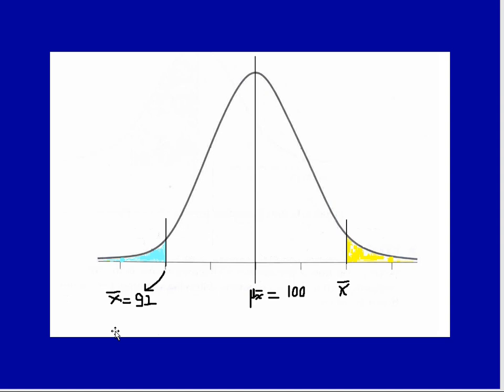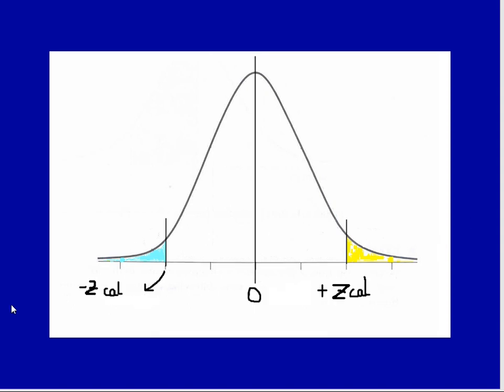If you remember, as extreme as means you go to 92 and you go away from the mean. So you need the blue tail, but you also need the yellow tail. You need both tails, because we covered previously that as extreme as means both sides of the distribution. So by calculating the blue, you can just get the blue and multiply it by 2. That will give you the blue and the yellow, okay?